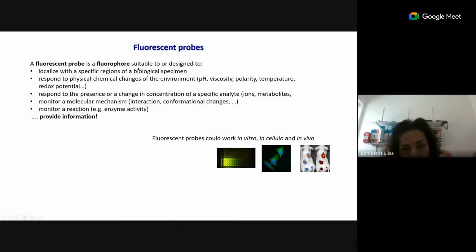And of course, there is a better probe for one or the other. So one has to choose the appropriate one based on the parameters that we just listed, and the chemical characteristics of the probe.